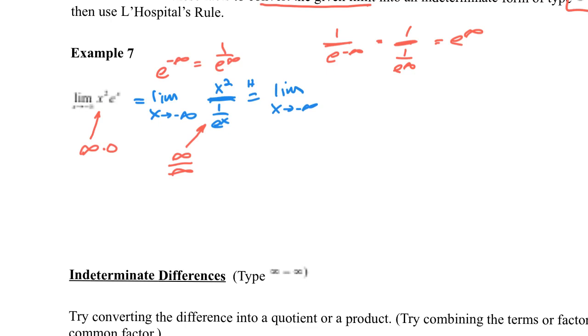And we get 2x. And on the bottom, 1 over e to the x, if I'm going to take the derivative, I would probably write it like this, right? Because these are the same, if I take the derivative of this, I need the quotient rule.